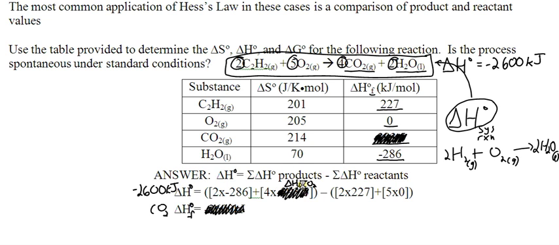So it's like plus 2 times quantity 2 times 227 plus 5 times 0 puts us at negative 2146. So now negative 2146 kilojoules is going to equal 2 times negative 286 plus 4 times the change in enthalpy of formation for CO2.